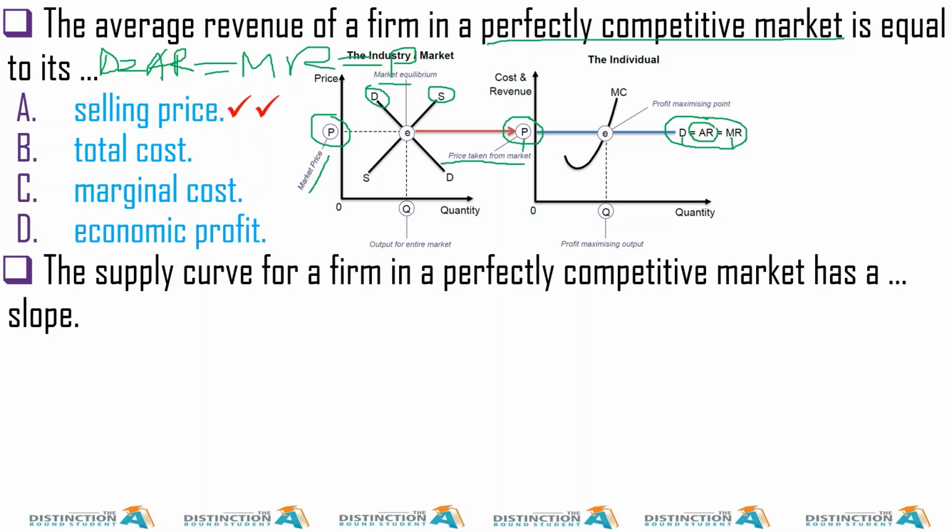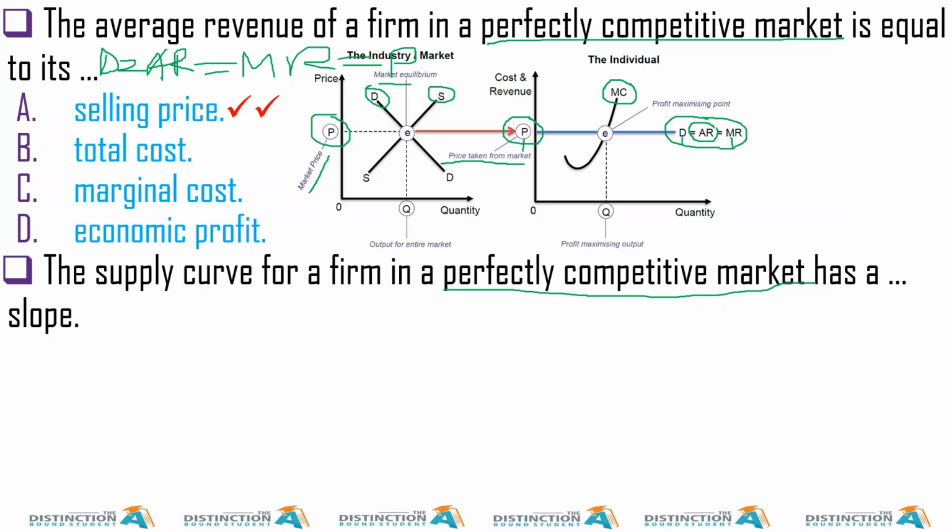Number 2, the supply curve. We can also make use of this graph here. The supply curve for a firm in a perfectly competitive market. Same market, so we can make use of the same graph. The supply curve in a perfectly competitive market is the marginal cost curve. So how can you describe this?